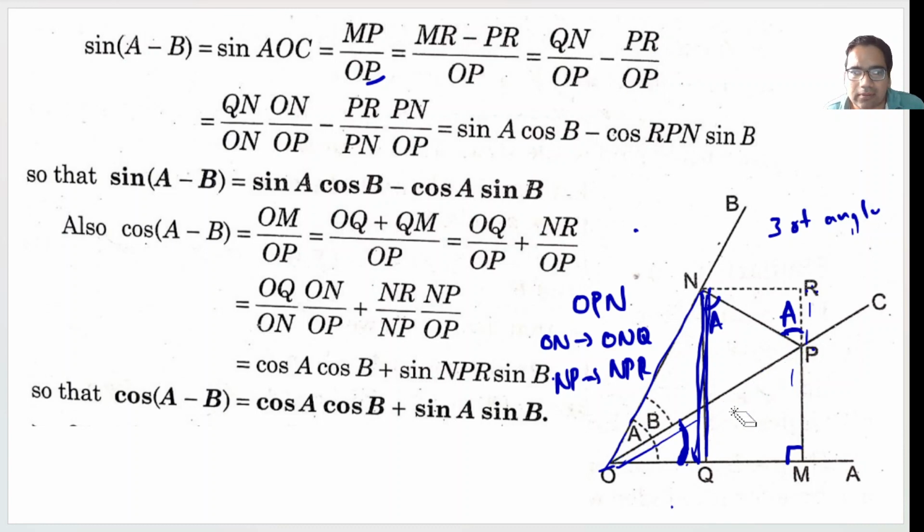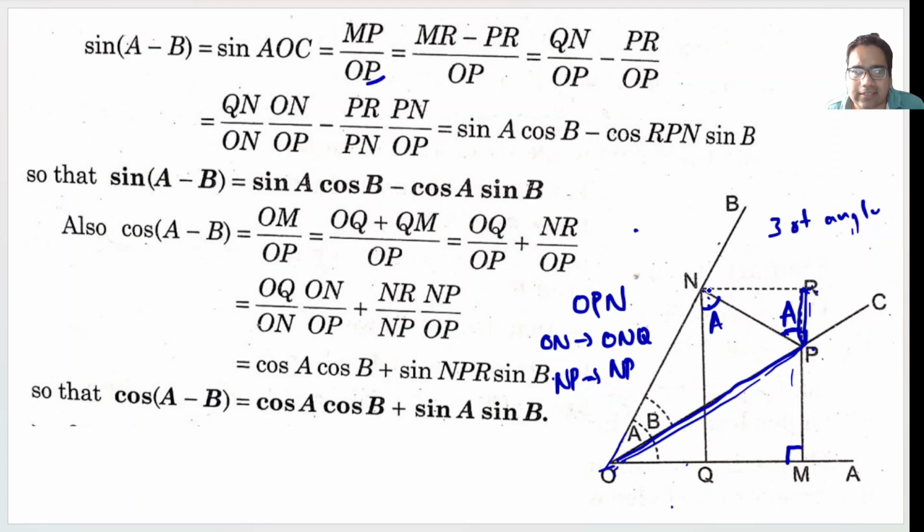What is PR? Let us erase everything. PR is this. PR by again the same OP. This is what we want. Now, this is part of this triangle and PR is part of this triangle, right? NPR. And OP is part of OPN, right?